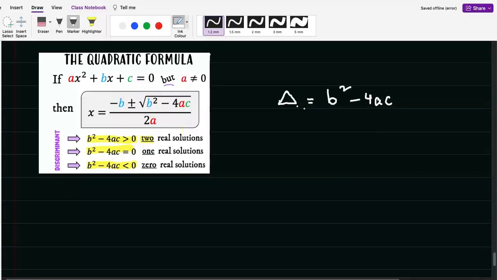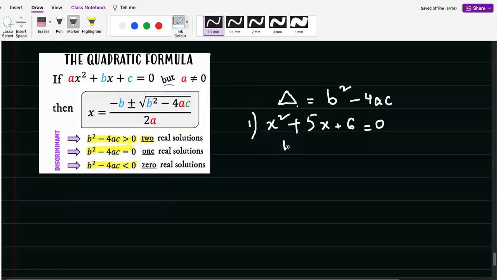First of all, let's do some problems on finding the nature of roots. First problem, x square plus 5x plus 6 equals 0. So what is your a, what is your b, and what is your c here? 1, 5 and 6.